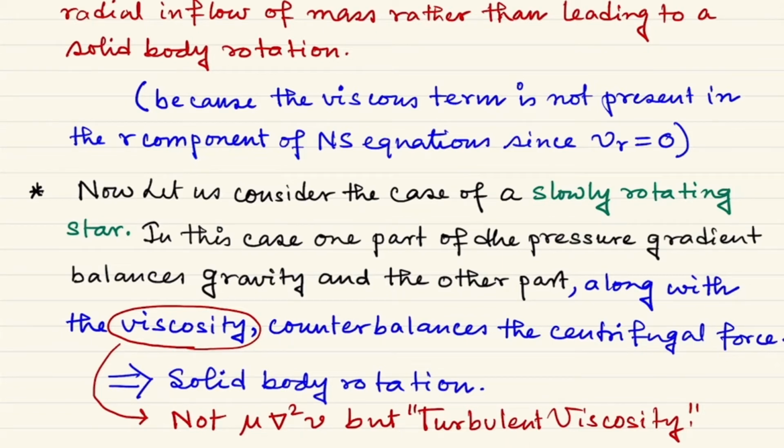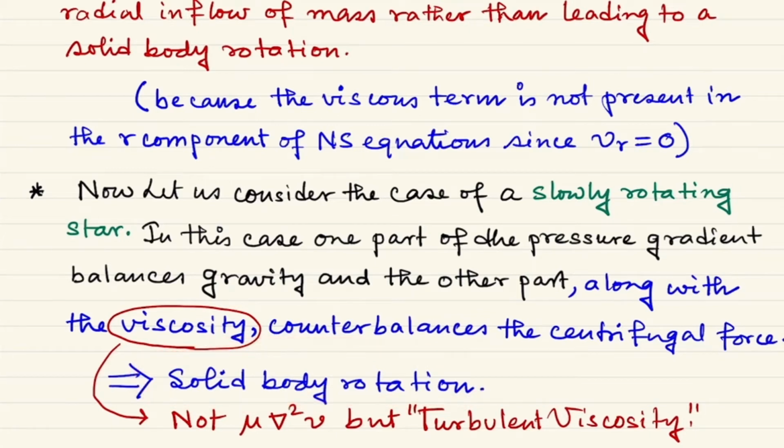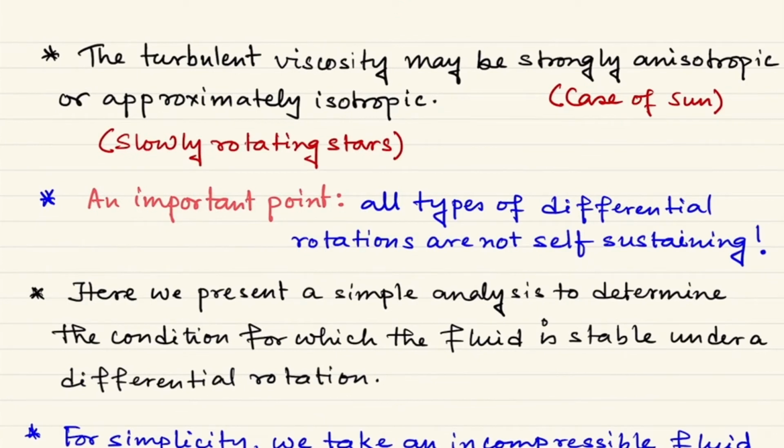So turbulent viscosity is an equivalent viscosity coming by virtue of the turbulent motion of the fluid. This viscosity basically reduces the differential rotation, and then finally leads the system to a state of solid body rotation.